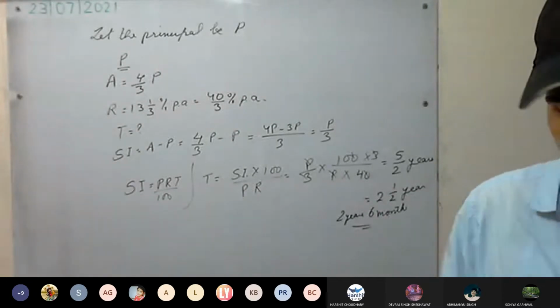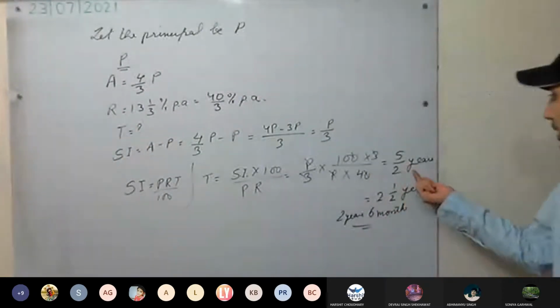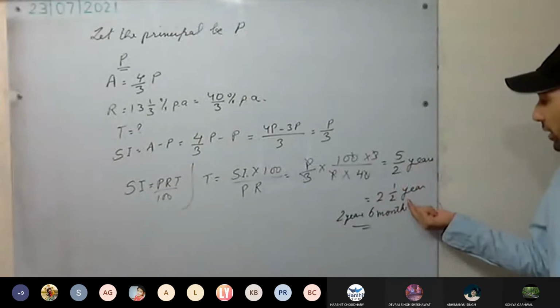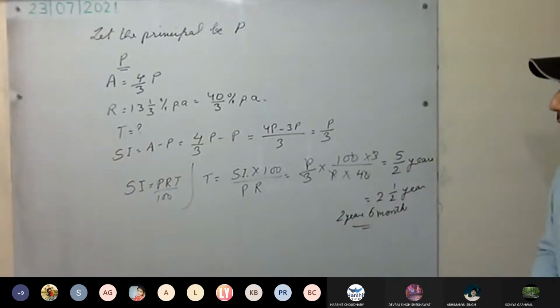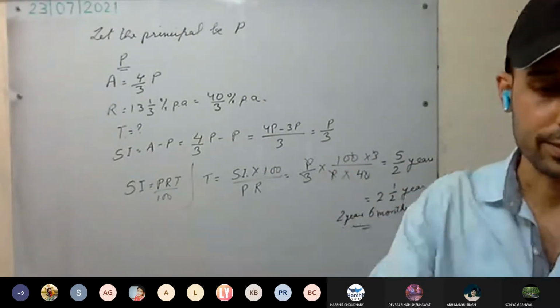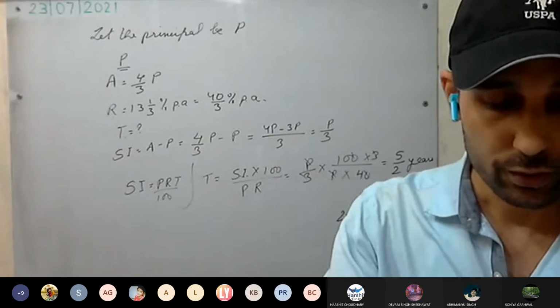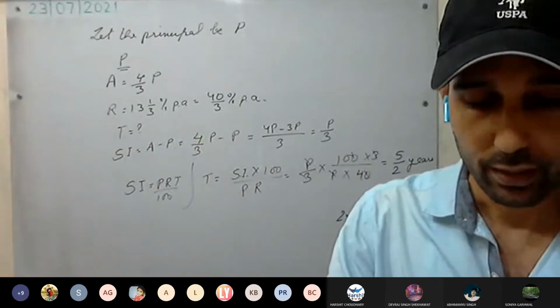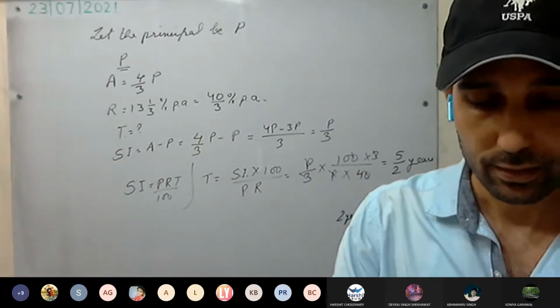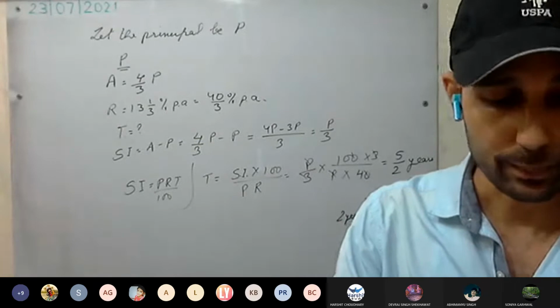Okay, try the next one. 5 by 2 years, that is 2.5 years, 2 years and 6 months. Okay, do the next one. Try the 7th one. If the simple interest on 205 rupees is this, find the rate of interest percent per annum.